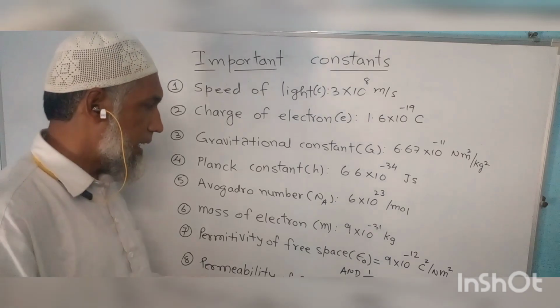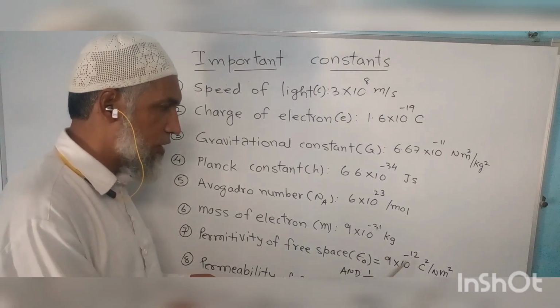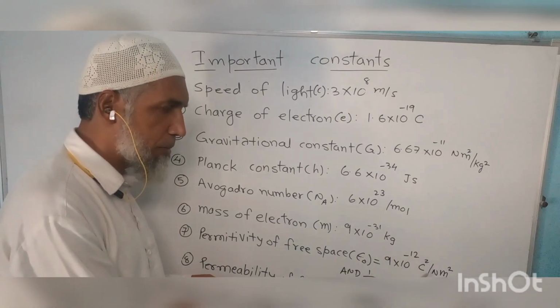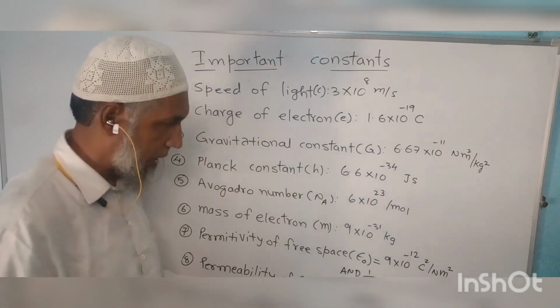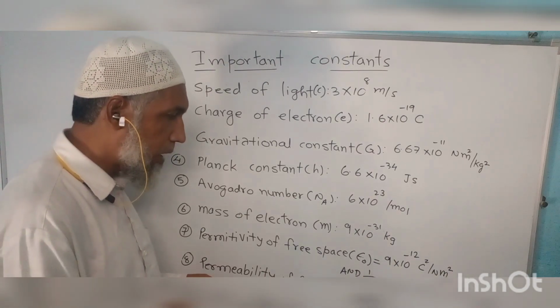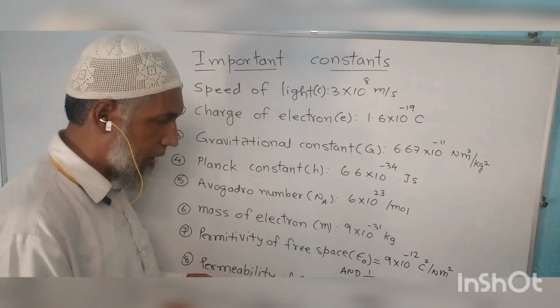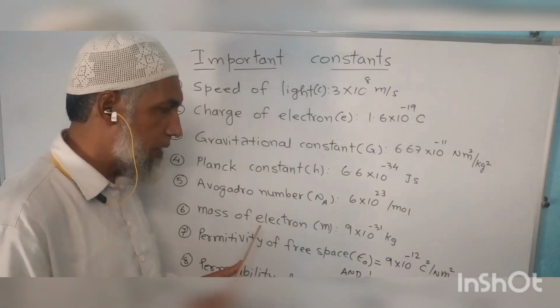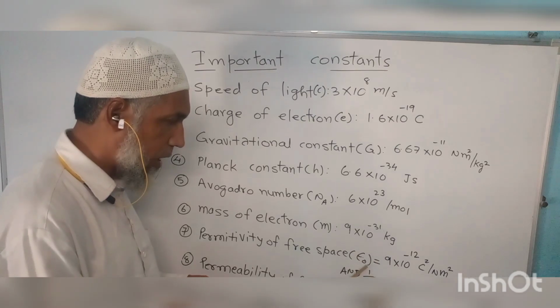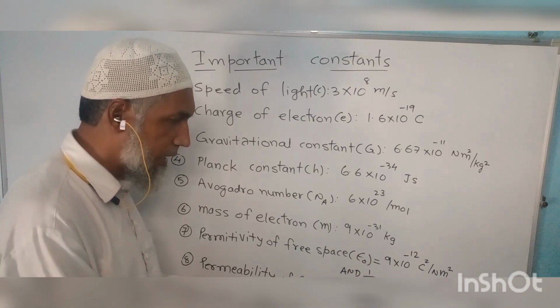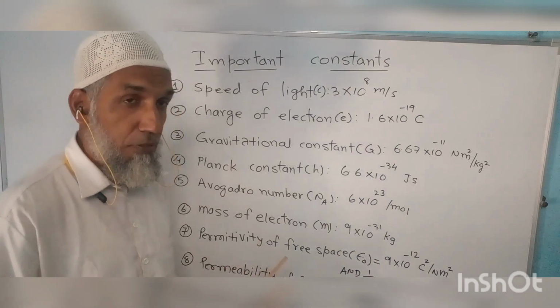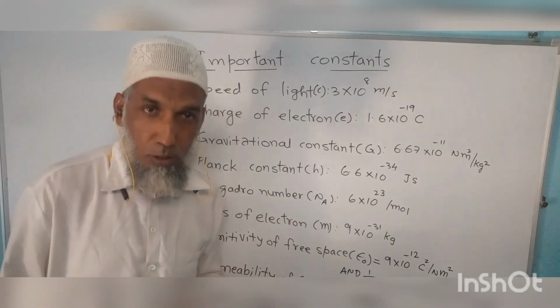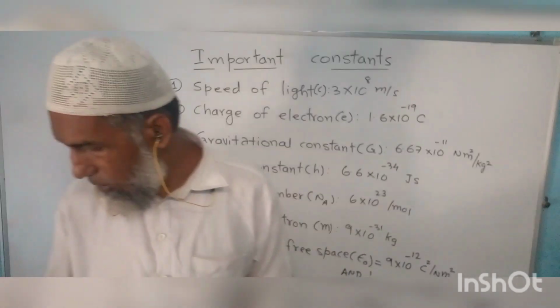And here epsilon naught is 9 into 10 to the power of minus 12 coulomb square per Newton meter square. And 1 upon 4 pi epsilon naught: if you put the value of epsilon naught here, then you will get 9 into 10 to the power of 9 Newton meter square per coulomb square.